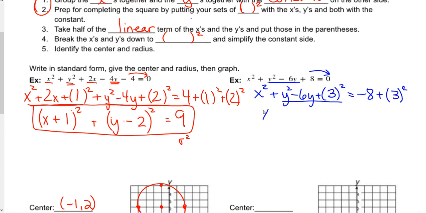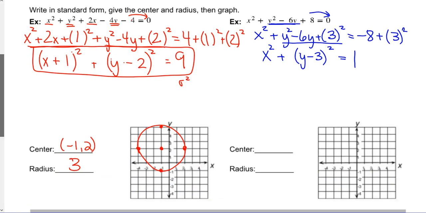Now I'm rewriting my x squared and forcing this quantity squared equals -8 plus 9, whoops, not 9, it's 1. Now what goes inside here with my y squared minus 6y plus 9 in disguise? I need one of those, I need one of those, and the front sign matches. Therefore, that is my standard form equation.